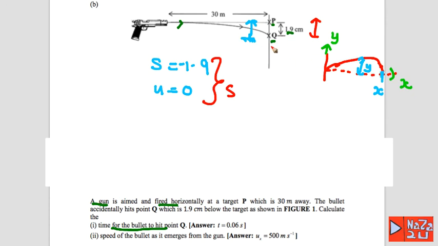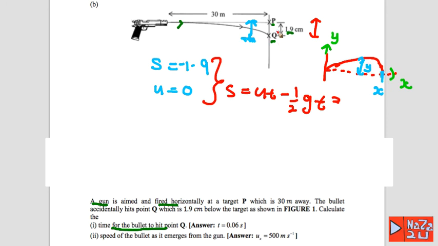Because you consider the vertical direction, we have s equals ut minus half g t squared. The time taken from the starting point to the end is the same as the time taken vertically from the highest point to the lower point.